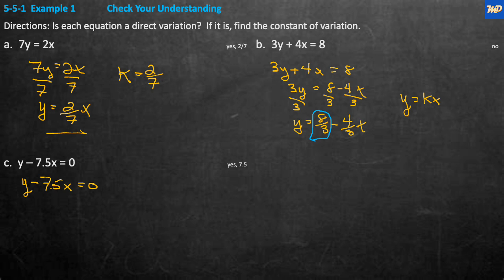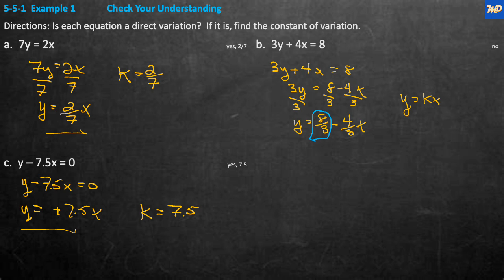We have to get the y by itself, so we're going to add 7.5x to each side. So y will be equal to 7.5x, because it's 0 on the other side. And when you do that, it is a direct variation. And what is the constant? K is equal to 7.5.